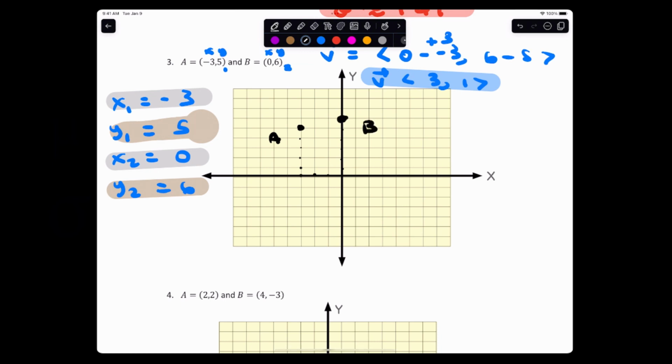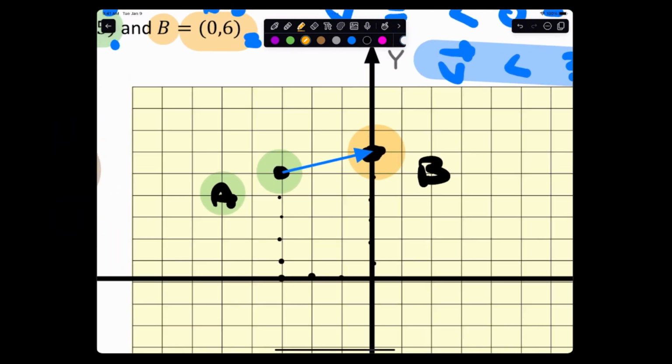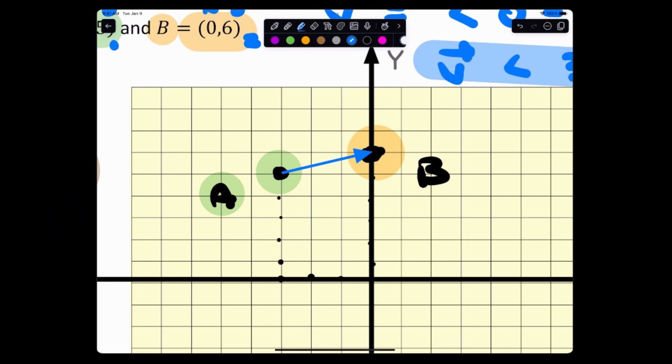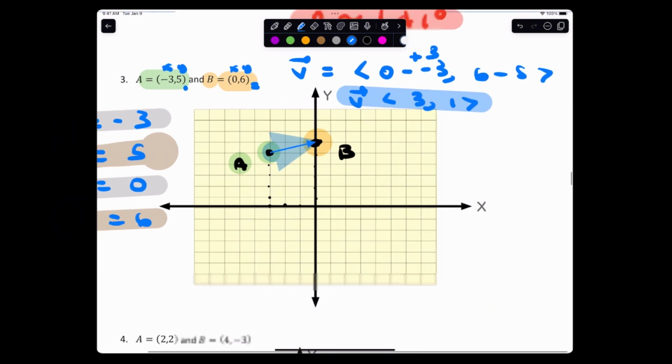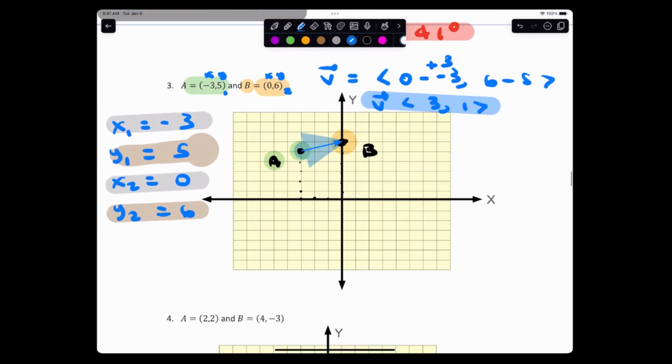Here's your B. All right, you guys see that vector there, A to B? Easy peasy, lemon squeezy.